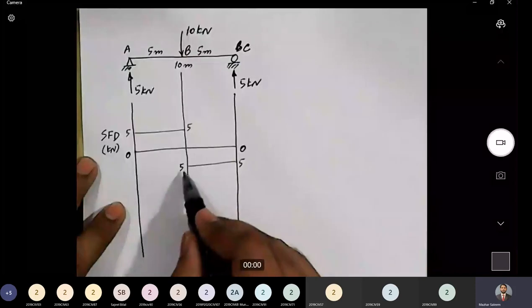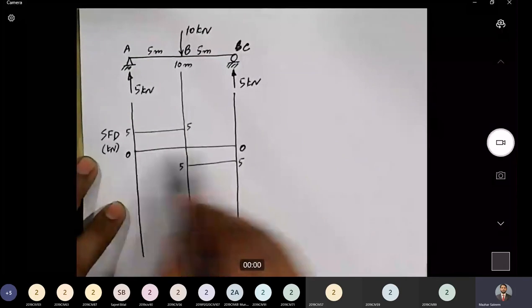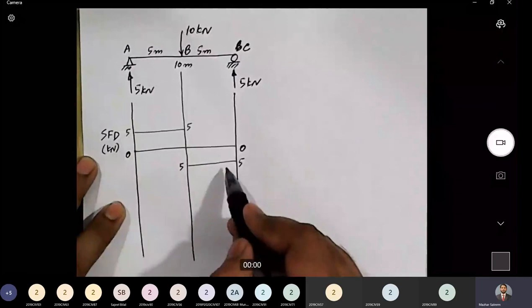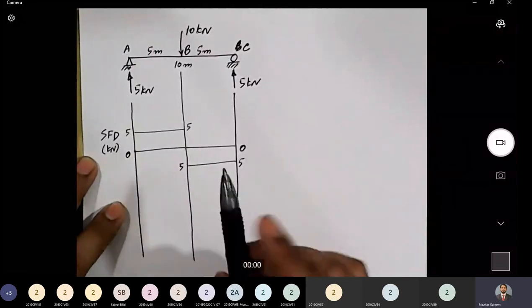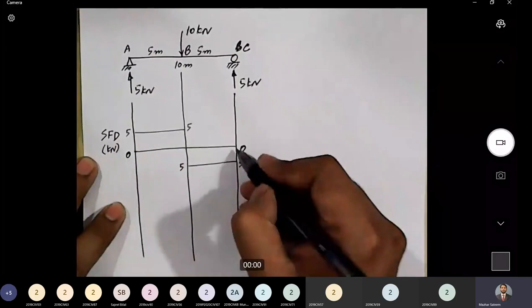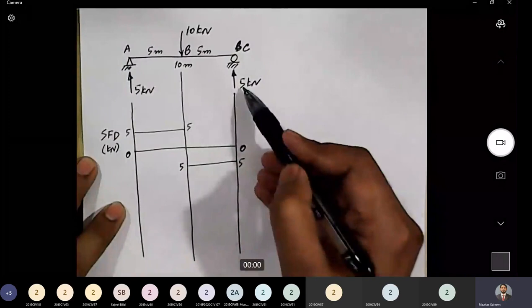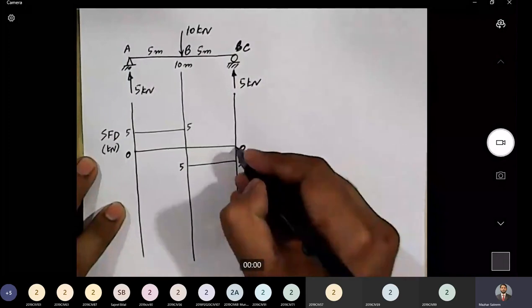So we have plotted it on the negative side of the axis. On this 0, 0 line, the positive side is on the upper side and the negative is on the lower side. The shear force diagram and bending moment diagram will always close, meaning it will come back to 0. You can see that we have an ordinate of 5 here, and there is a 5 kilonewton reaction acting here that will bring the diagram to 0.